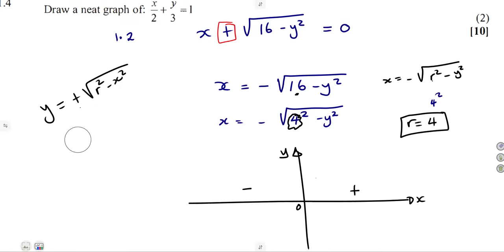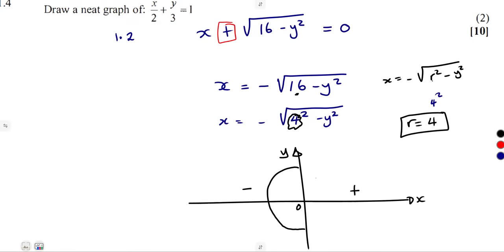So this one is for x carrying a negative. So we're going to find it to the negative side of x. So that is the condition of a semicircle. So this is our radius, guys. The intercepts from the origin to the y, that is 4 units.